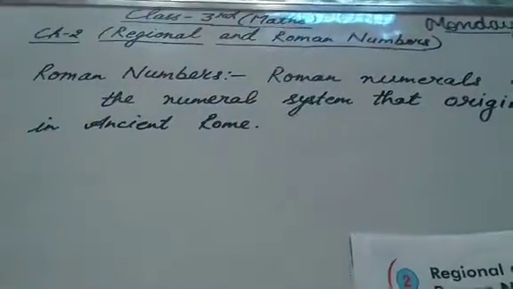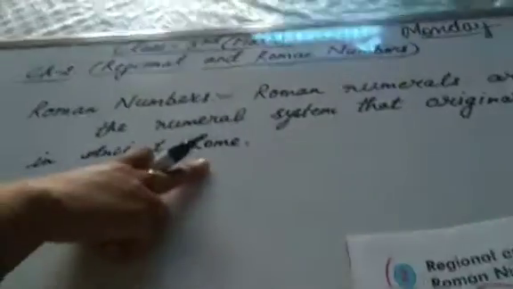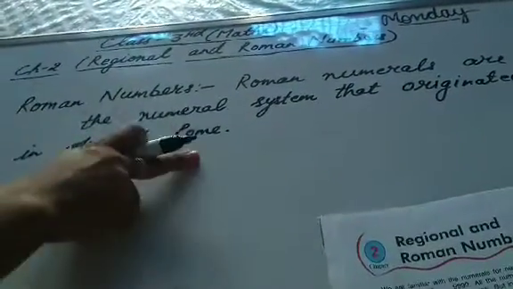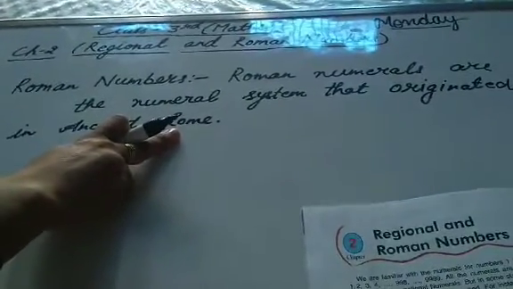Clear, beta? Roman numerals are the numeral system that originated in ancient Rome. Roman came from Rome, the country.